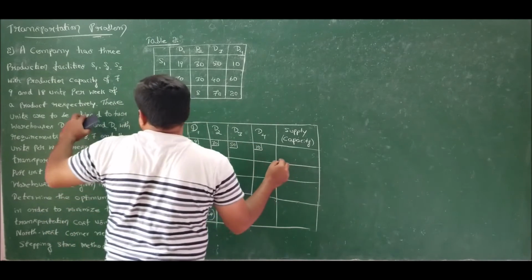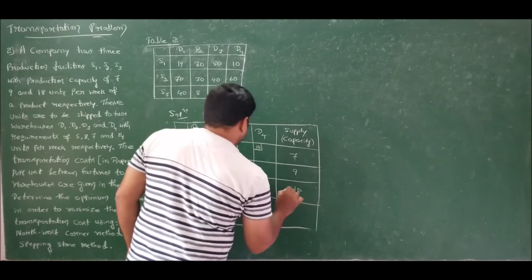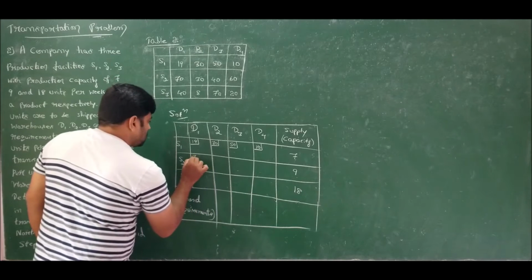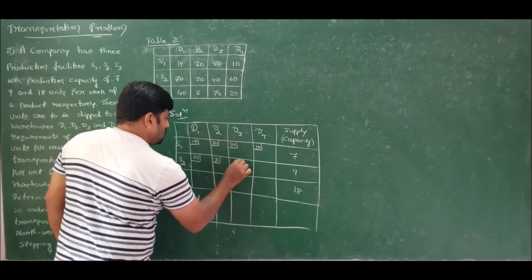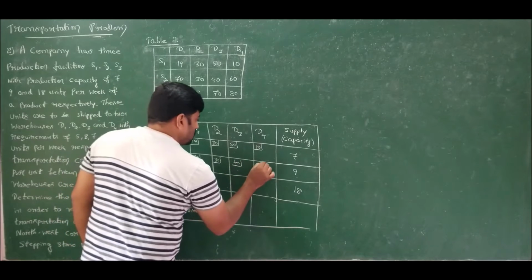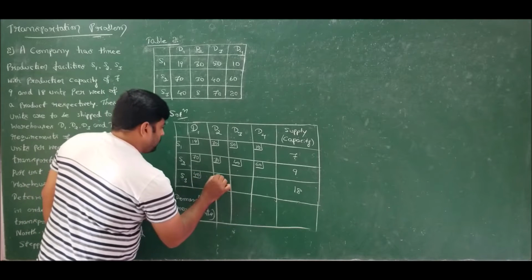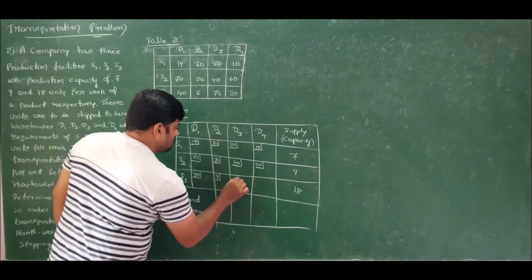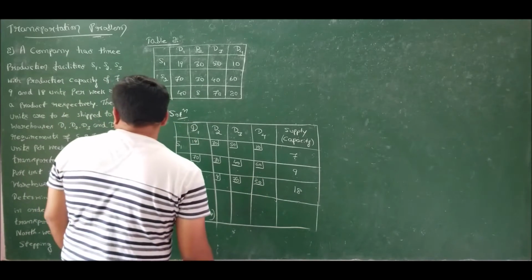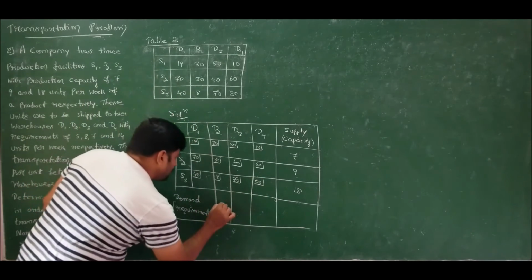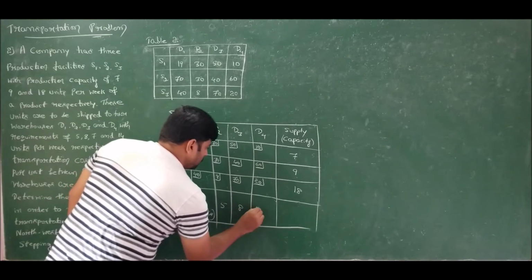Coming for the capacities, we have 7, 9 and 18 units. So here the unit costs are 70, 30, 40 and 60. We have 48, 70 and 20. Coming for demand, we have 5 units, 8 units, 7 and 14 units.